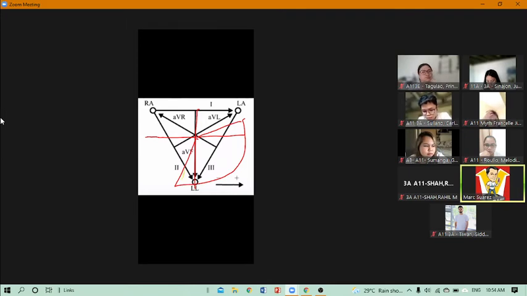So this shaded area is considered normal, okay?